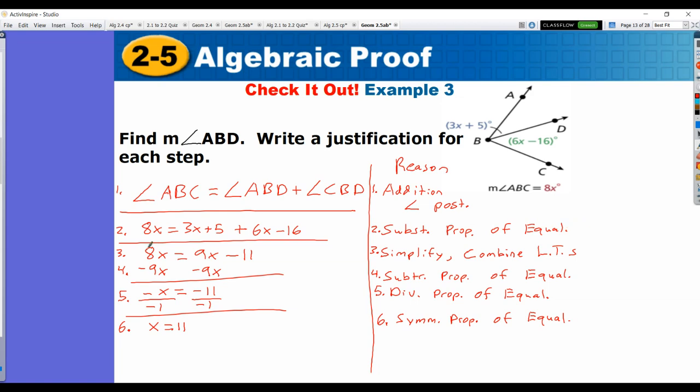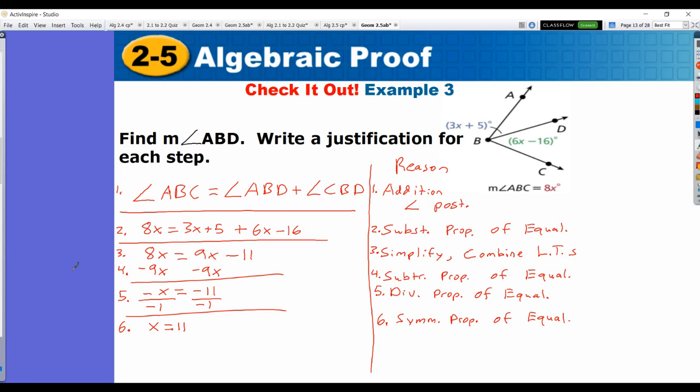My third step is doing the math with 3x and 6x to get 9x, and also doing the math with 5 and minus 16 to get minus 11. I did both at the same time because I was simplifying and combining like terms. So there is my justification for step 3.